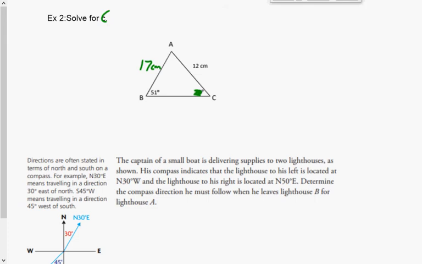It's just opposite. The same idea, yeah. But we'll just go through it. Now you're going to be using sine -1, right? Because you're looking for an angle. So if you set it up, it's just going to be sine 51 over 12 equals sine C over 17.